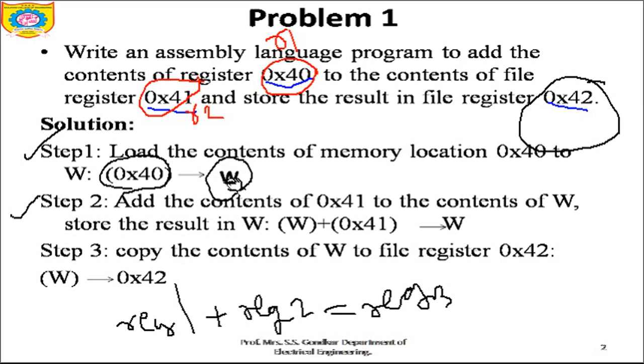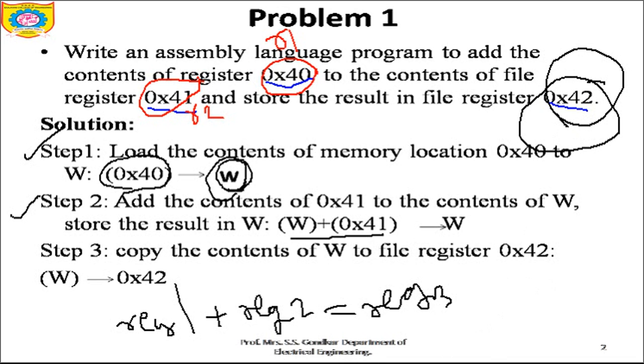But now W is going to have some value. So add the contents of 0x41, the second register, to W, and again place the result in the working register. Step number 3 is to copy the contents of W to the file register 0x42. Why? Because it is told that your result should be available in the register at location 0x42.